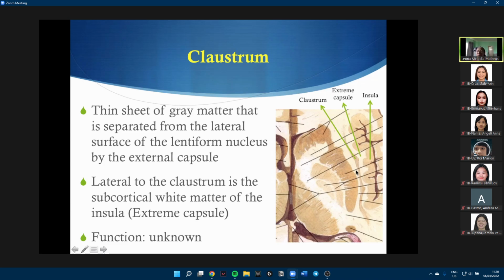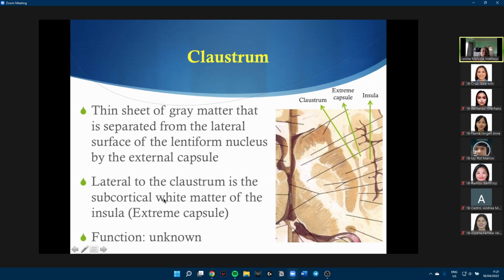Now, further lateral to the claustrum is again a thin sheet of white matter. This time we call it the extreme capsule. And most lateral, again we find gray matter, and this is already your insula. So these are the relationships to the claustrum.